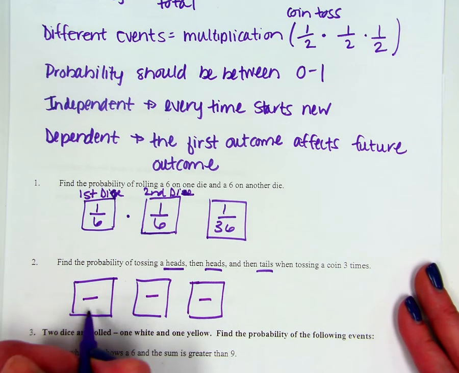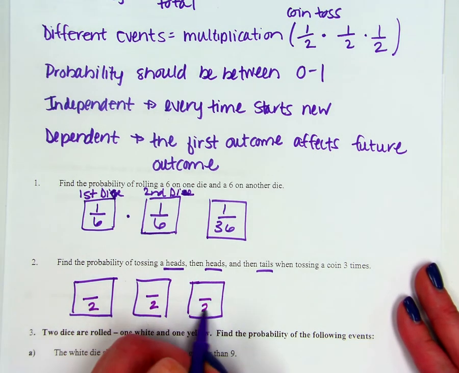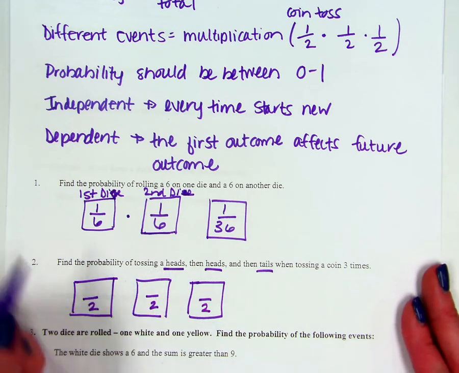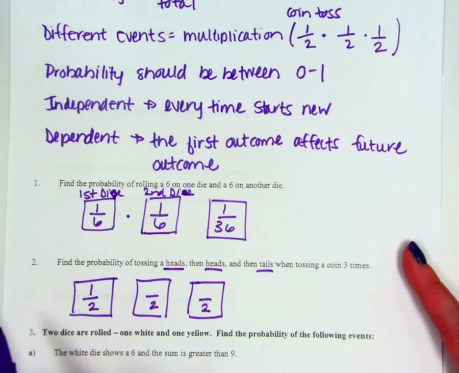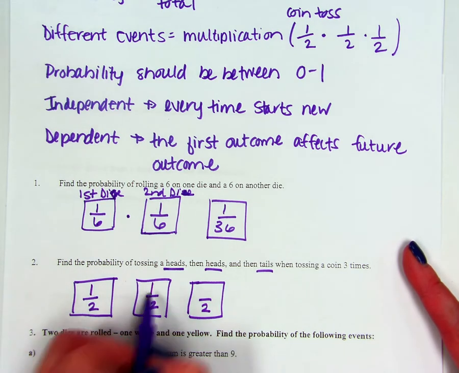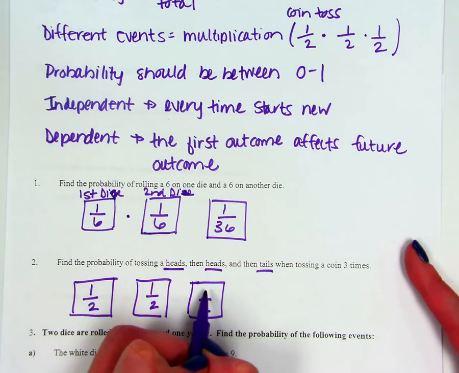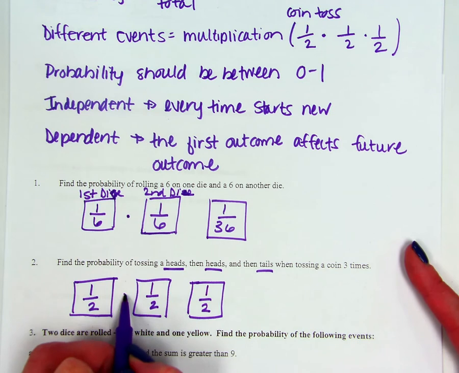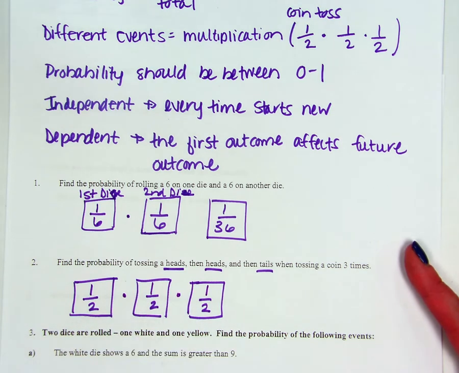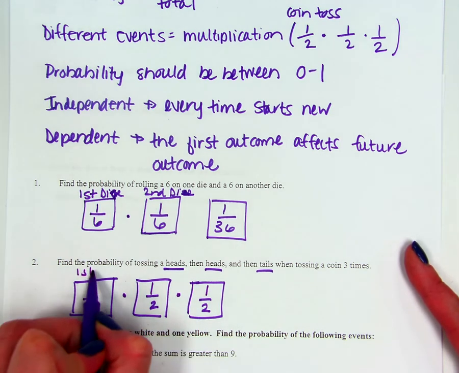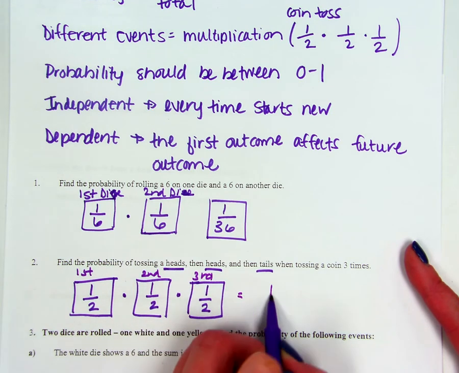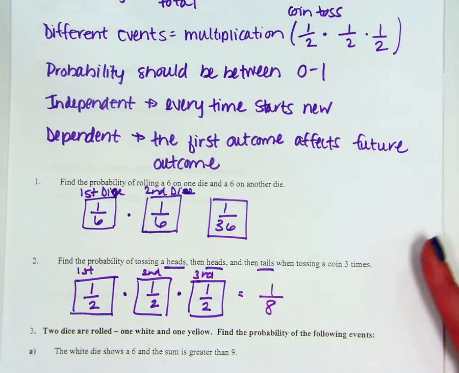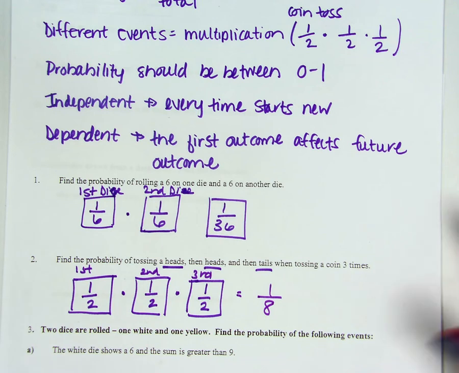So we only have 2 sides for our coin, a total of 2 choices, and the probability of it going to heads the first time is 1 out of 2. Then again it's independent, so you're going to re-toss again. That's a 1, and then tails the last time. Just like what we did up in the practice problem, this is our first toss, this is our second toss, and here's our third right here. After you multiply those together, your probability is 1 over 8.